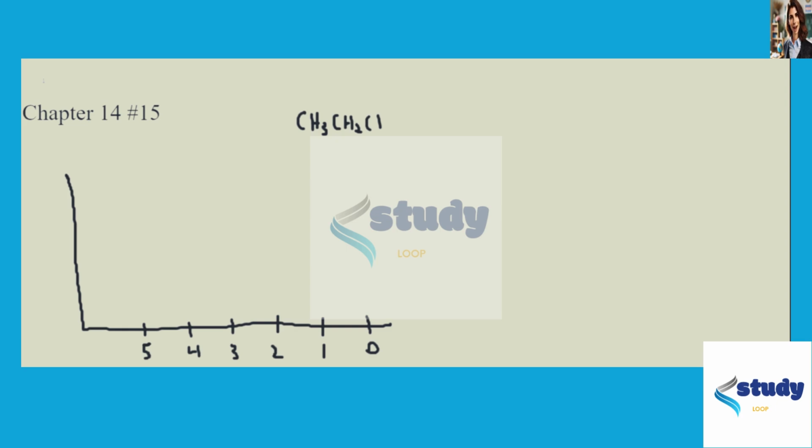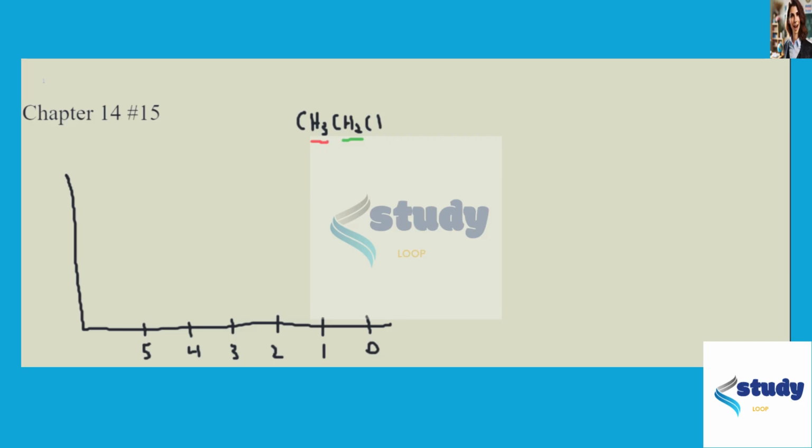And what we should notice before we start is that we have two types of protons in this molecule. So we have the methyl group protons, which I've just underlined in red. And then we have these methylene protons, which I have now underlined in green.